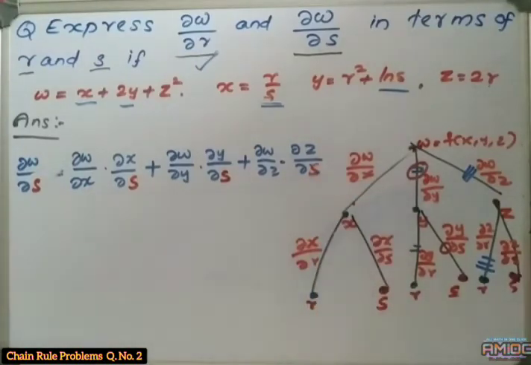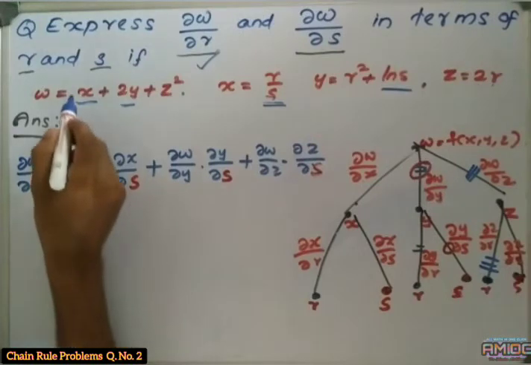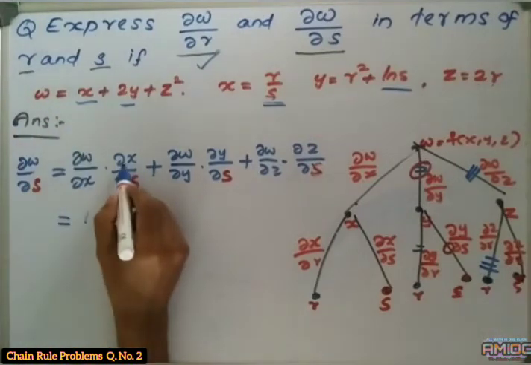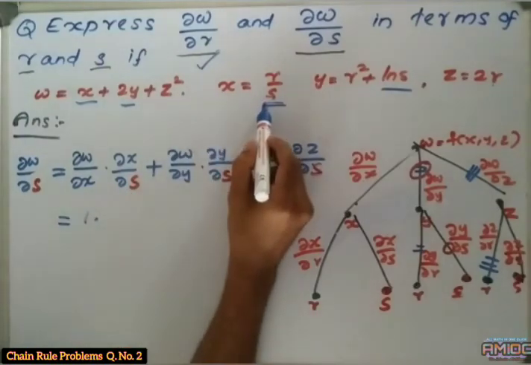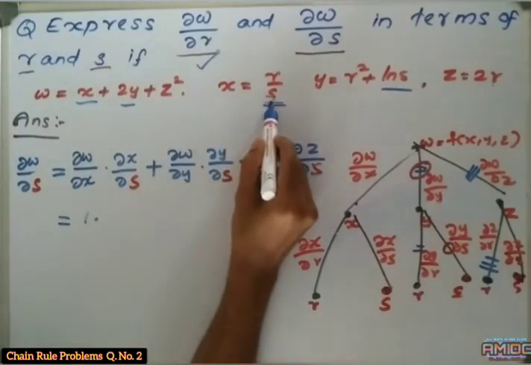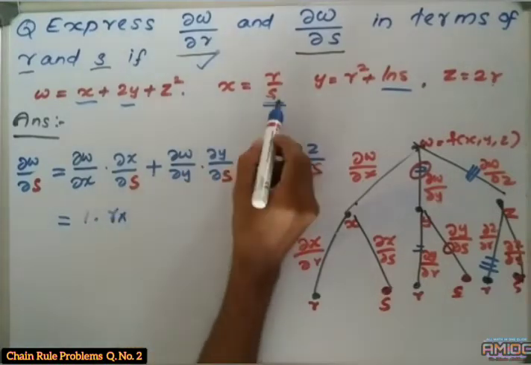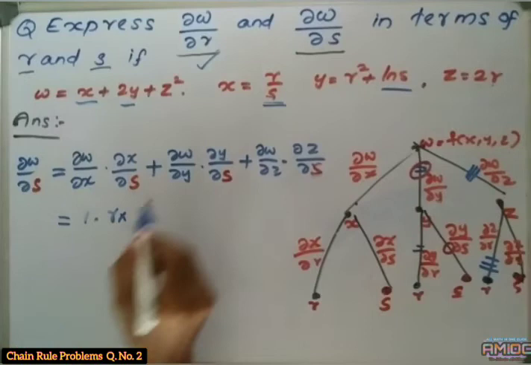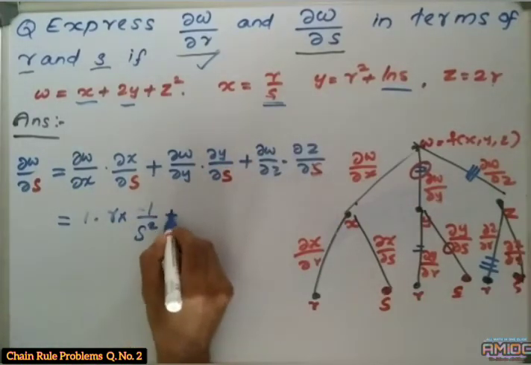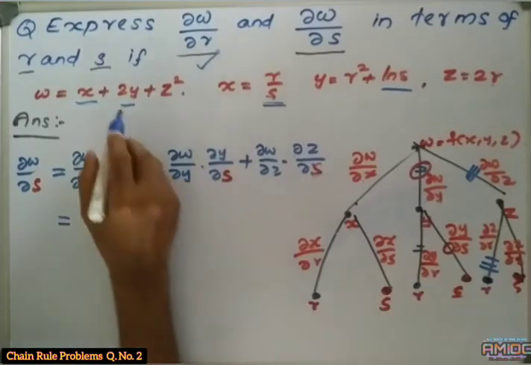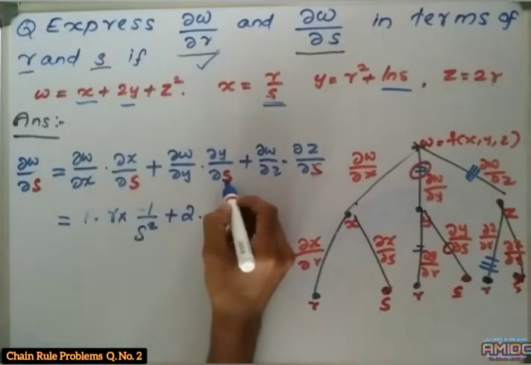Now we can find the derivative. Dou w by dou x is given by 1 and dou x by dou s. Here we treat the derivative of x with respect to s. Therefore, we can treat r as a constant into the derivative of 1 by s, which is minus 1 by s square, plus dou w by dou y is 2 into dou y by dou s.